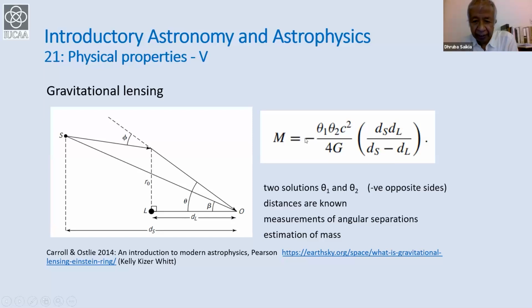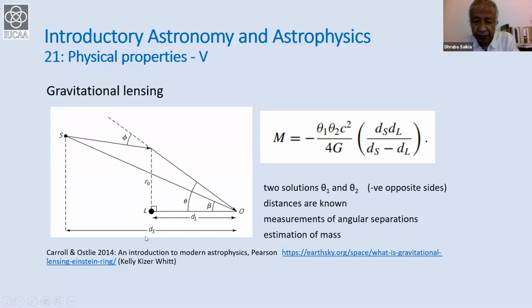Now, there's a negative sign over here, and that's just a convention, because there are two solutions on either side. So one is given a negative number, and it's a matter of convention. It doesn't matter which side you put it. And so you'll get a positive number for the mass. Once you know the distances and the angular separations, which you can estimate, you can get an estimate of the mass of the lensing object.